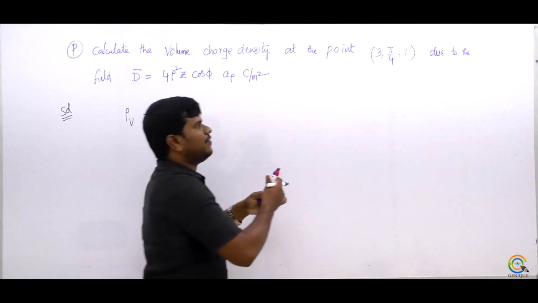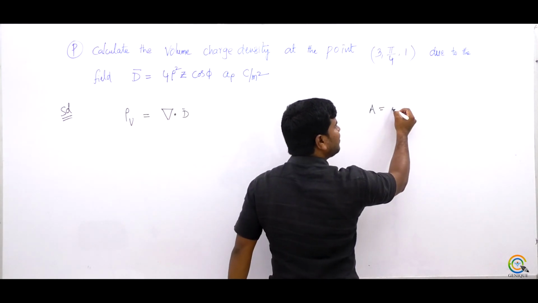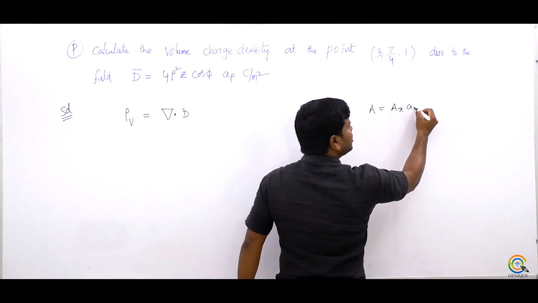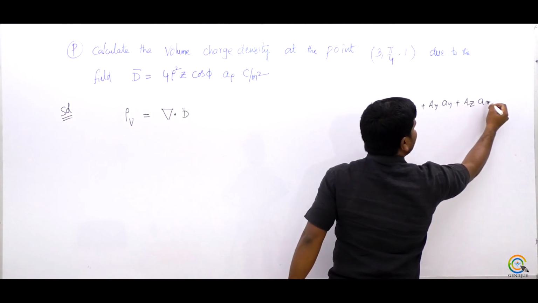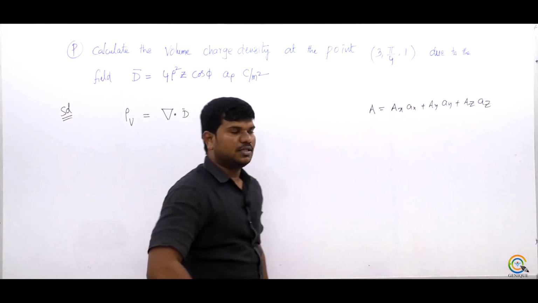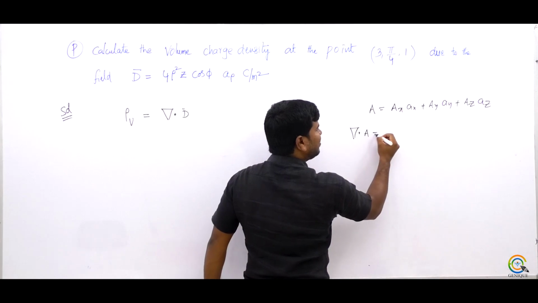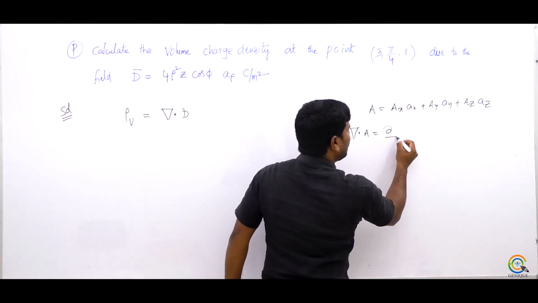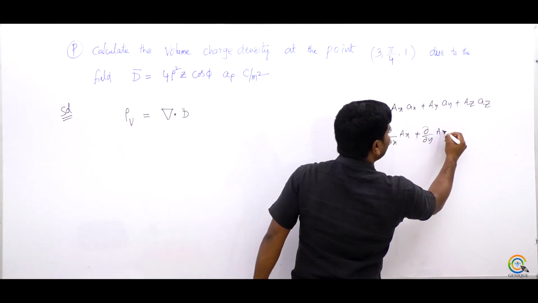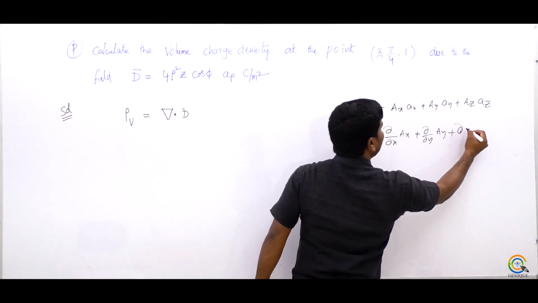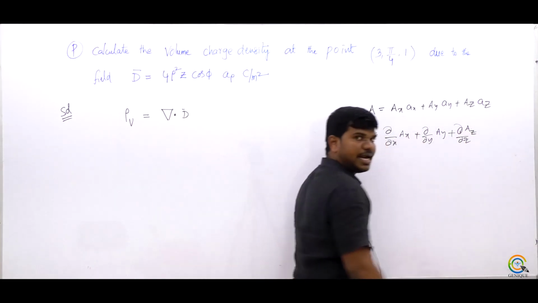So suppose any vector A is given as Ax ax plus Ay ay plus Az az. Now, how can we find del dot A? We know del dot A can be calculated as dou by dou x of Ax plus dou by dou y of Ay plus dou by dou z of Az, right?